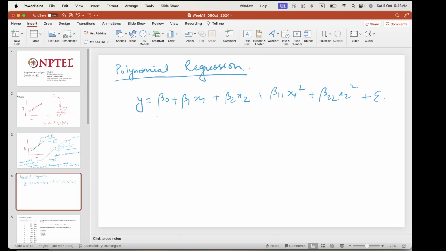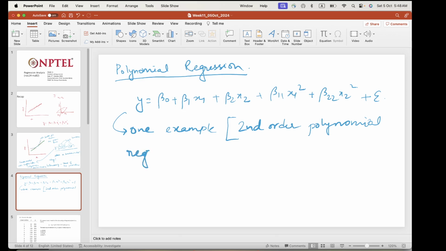This is one example of a polynomial regression. This could be a second order polynomial regression. Why second order? Because the highest order in the x terms is 2.